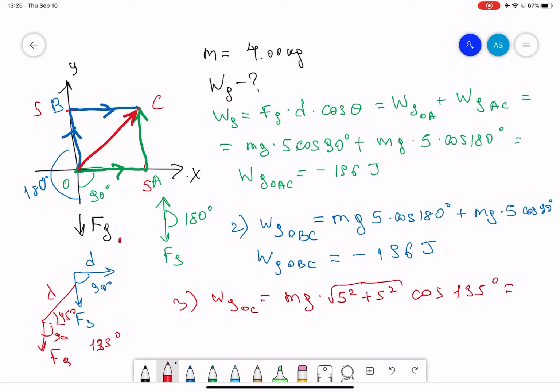Let's do the calculation: the mass is 4 kilogram multiplied by 9.8 multiplied by the square root of 5 squared plus 5 squared, multiplied by cosine 135 degrees.